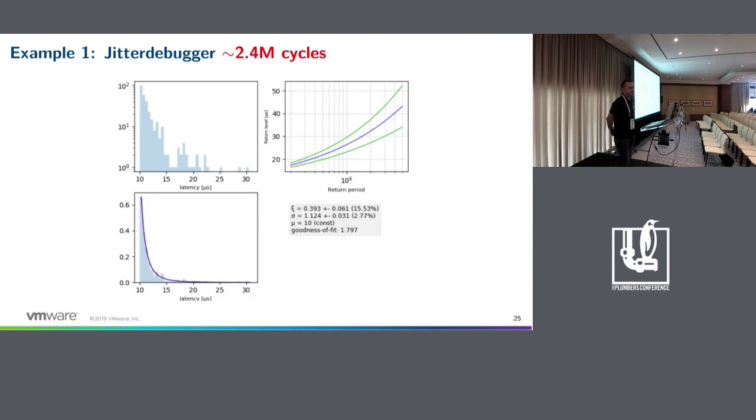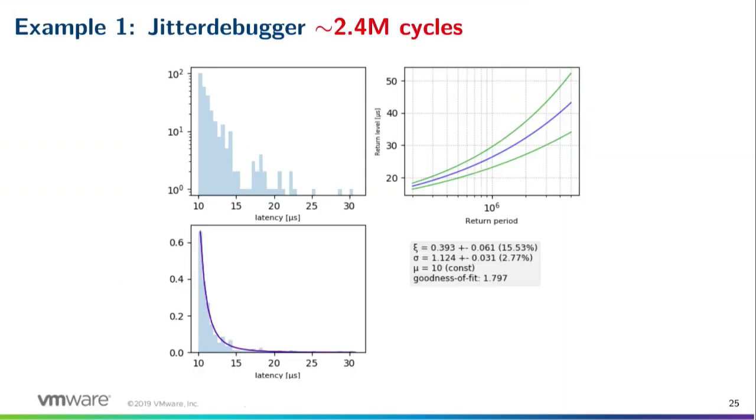So going back to the problem that we are trying to solve, here are the latencies that we observe in our test. On my top left plot, you see the histogram of latency. The y-axis is logarithmic, just to be able to see better that we have two latencies which are around 30 microseconds, so significant latencies.